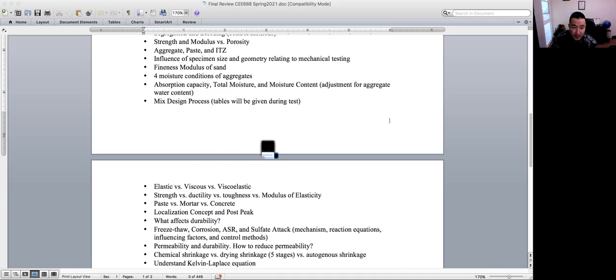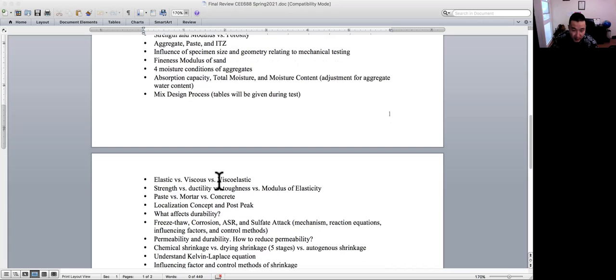And then elastic properties, viscous properties, and viscoelastic properties. You should know that concrete has both viscous and elastic components. So the strain versus time response of viscoelastic materials such as concrete will be time dependent.